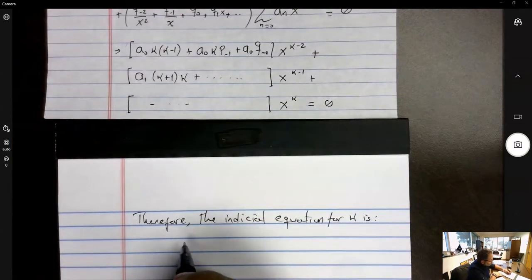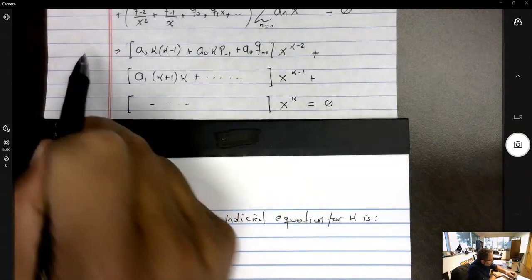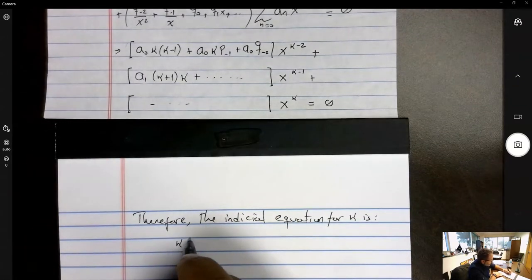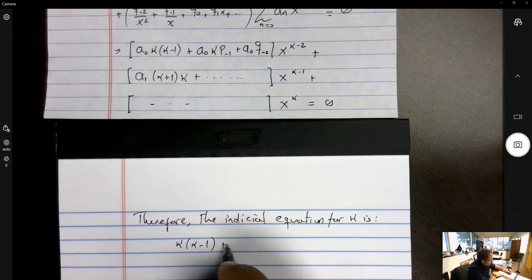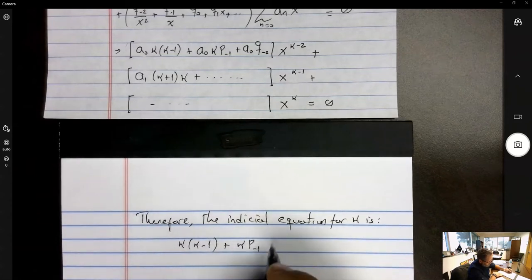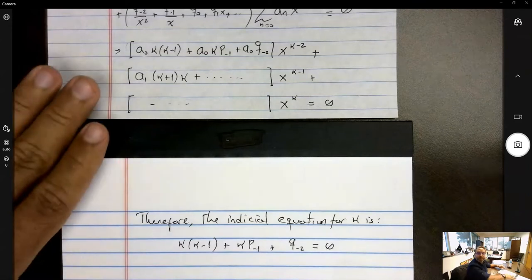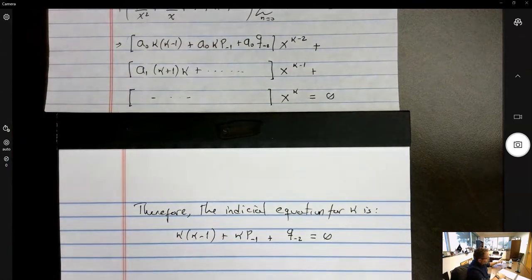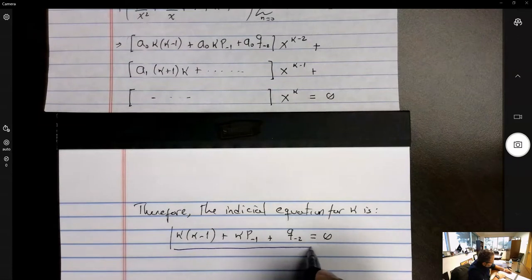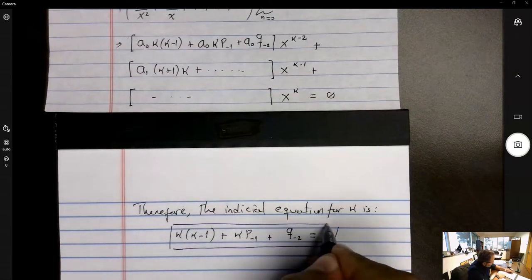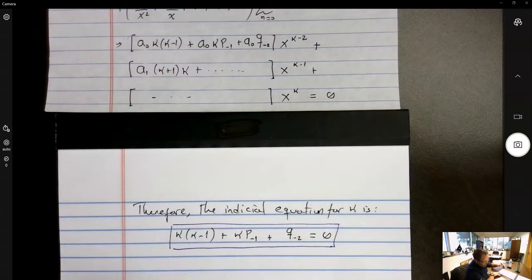So I can take the a0 out as a common factor, and that would be k times k minus 1 plus k p minus 1 plus q minus 2 is equal to 0. And this right here is a quadratic function for k.